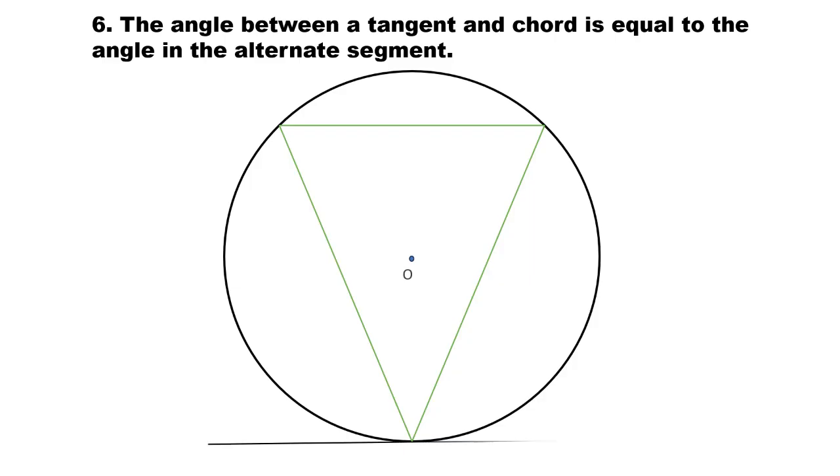So if we draw a tangent, we can choose one angle between the tangent and the chord and label it x. So if this angle is x, therefore the angle on the opposite side of this angle, that is the angle in the alternate segment, will also be x. Also, suppose we choose to label this other angle y, then this angle also on the opposite side is y.